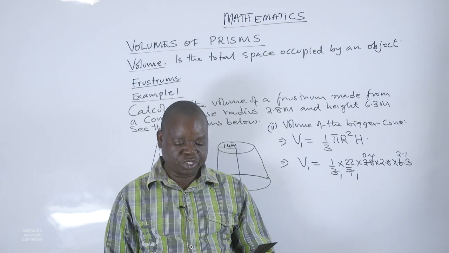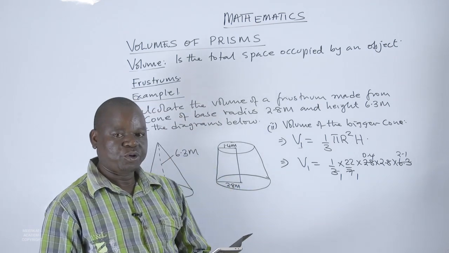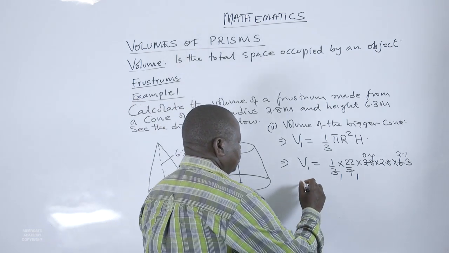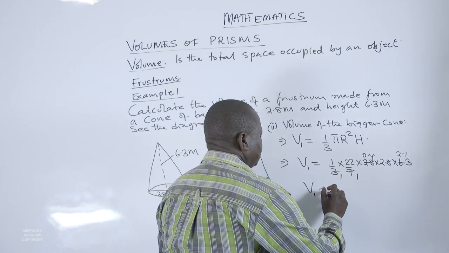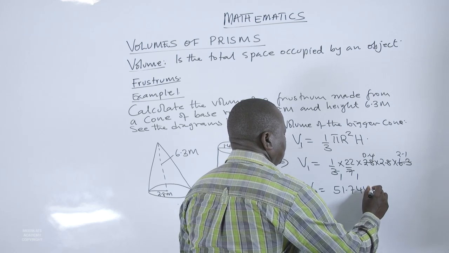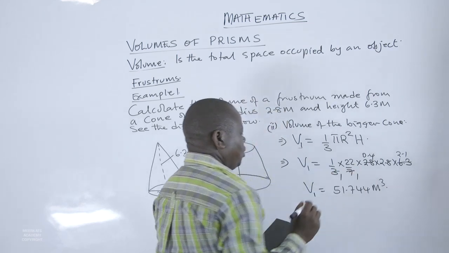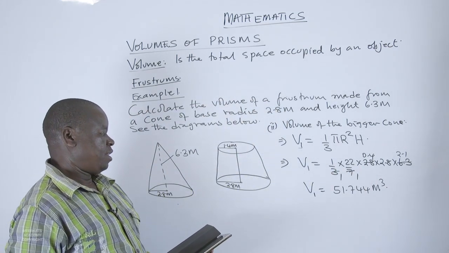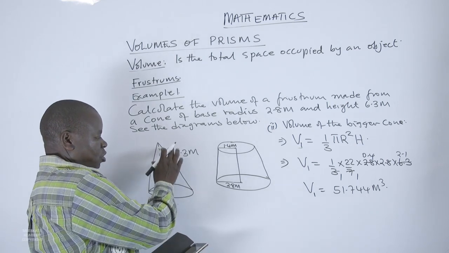So you should be able to get 51.744. That is the volume of the bigger cone, the original cone.